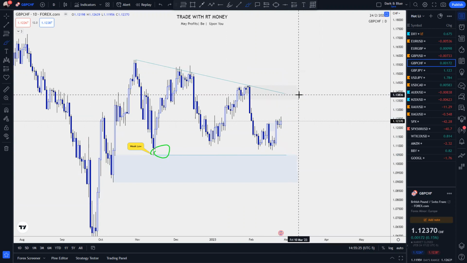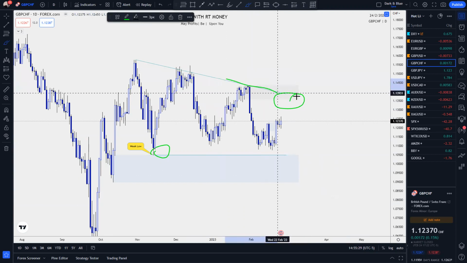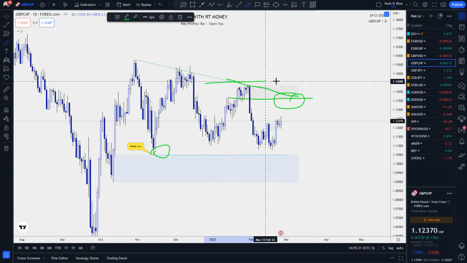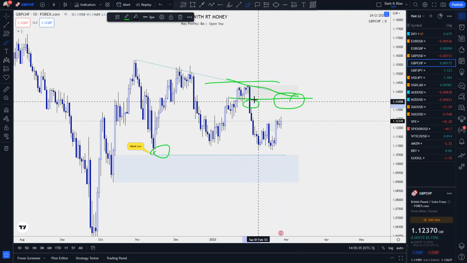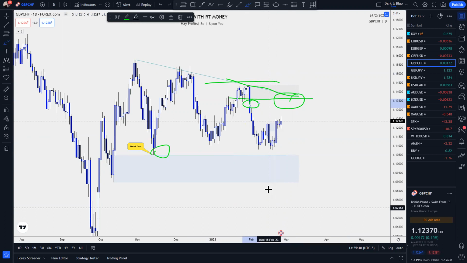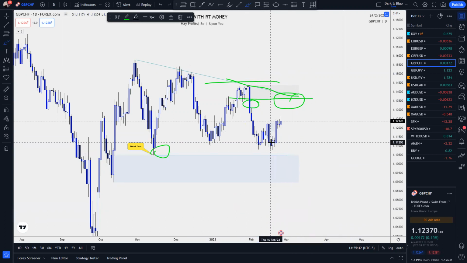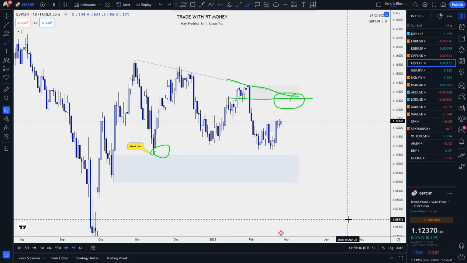I'm hoping it comes up here, where the trend line and the supply zone intersect. We can use it for confirmation and confluence, and you have a fair value gap there. Don't just jump in. That's not the way you want to trade.